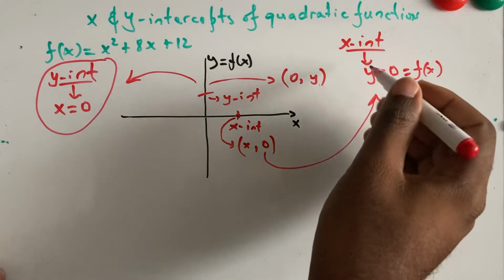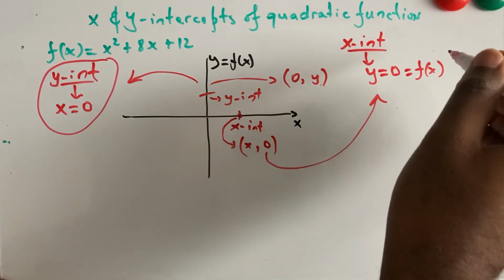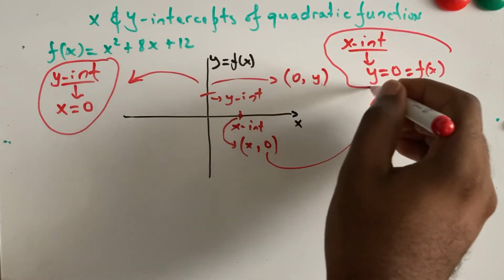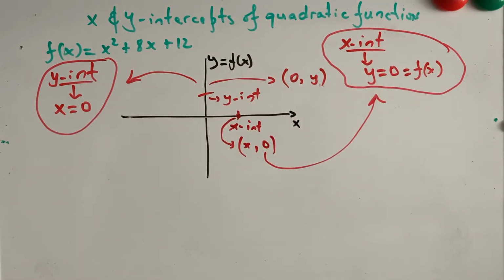Anytime you need the x-intercept, you have to replace the y value, or f of x, by 0, okay? This is key to getting the y-intercept and the x-intercept.